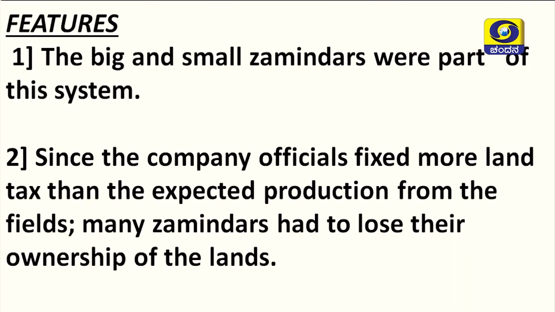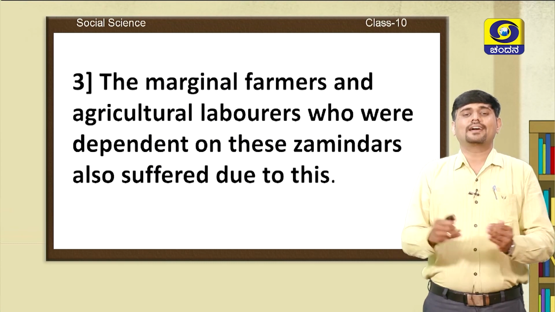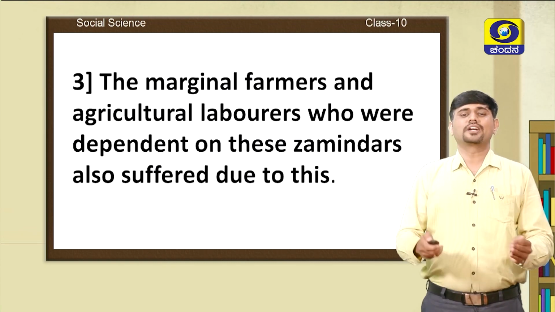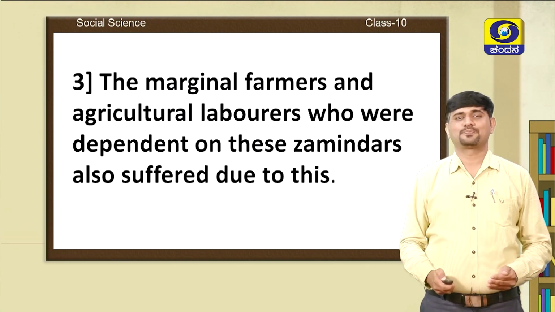Since the Company officials fixed more land tax than the expected production from the fields, many zamindars had to lose ownership of their lands. The marginal farmers and agricultural laborers who were dependent on these zamindars also suffered due to this.